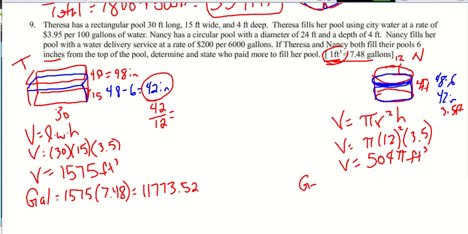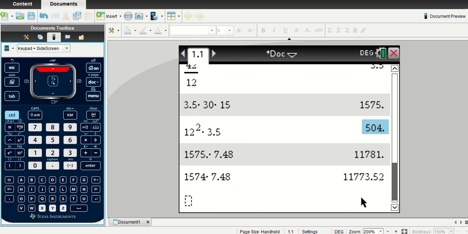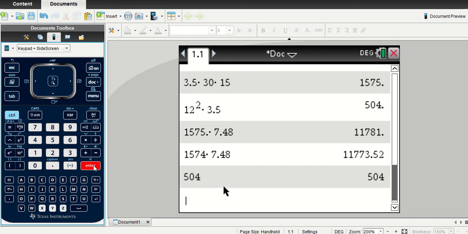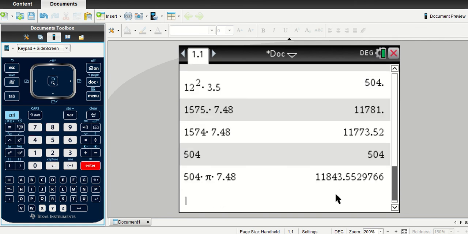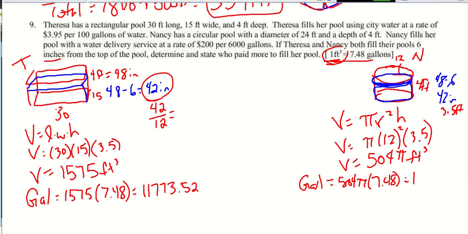And the same thing over here. Gallons is going to equal 504 pi times 7.48. 504 pi times 7.48. And I get this crazy number, about 11,843.55, say 11,800.